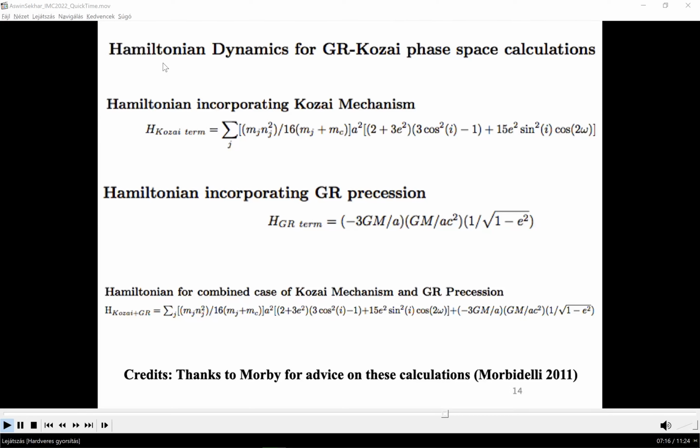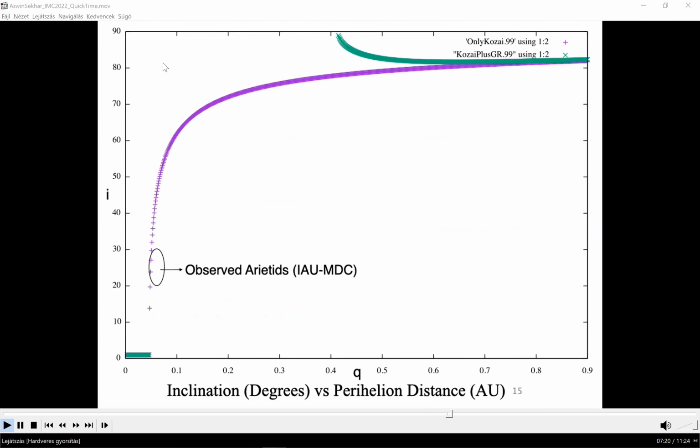So you look for the phase spaces, for example, the inclination and perihelion distance phase space, and see which area of this phase space actually corresponds to only Kozai region, Kozai plus GR region, and so on.